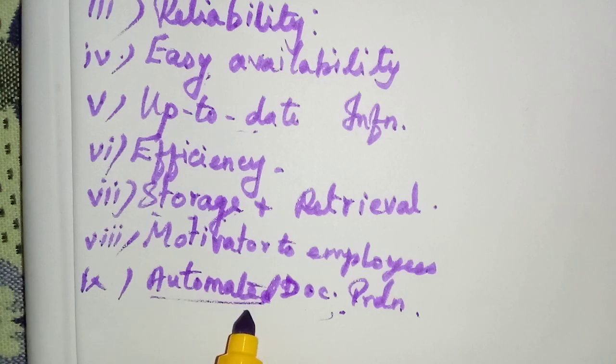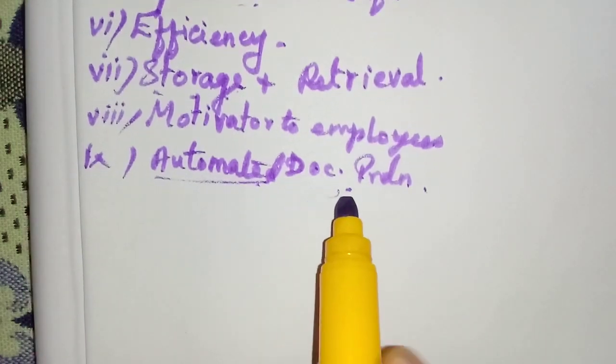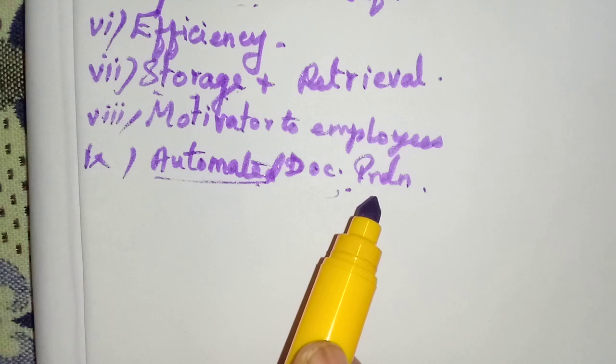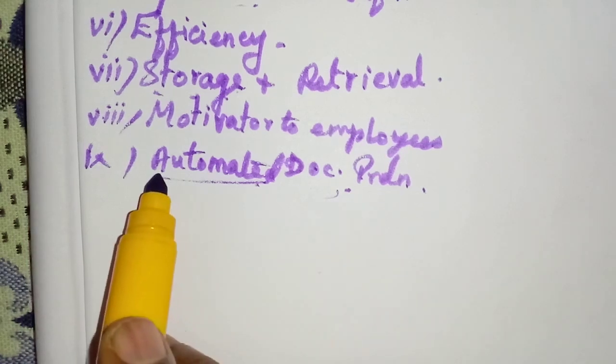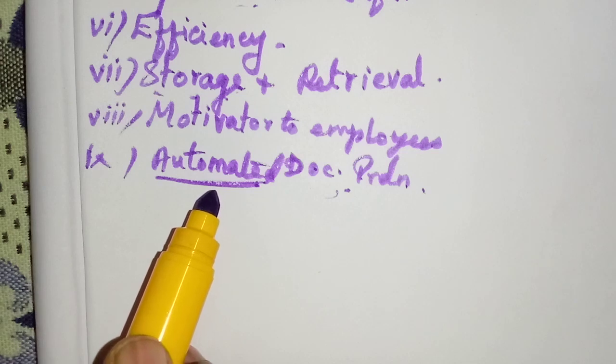So it is very automatic. But in manual accounting, they themselves have to prepare from the ledger balance the trial balance, and from the trial balance again they need to prepare the final accounts. Okay, so here it is very automatic, no need to prepare each and every document.